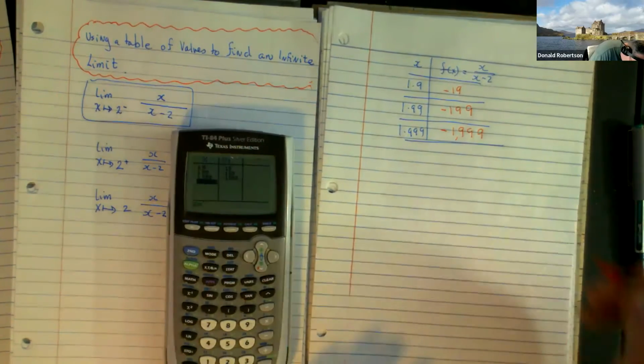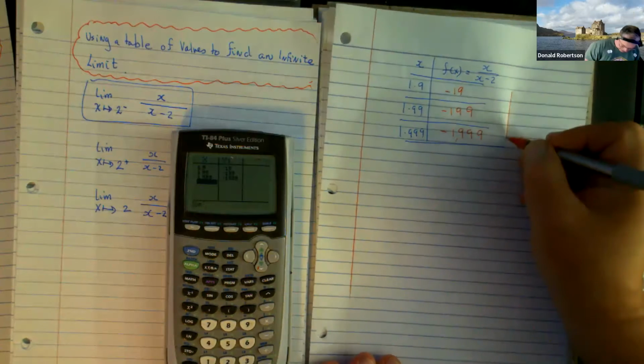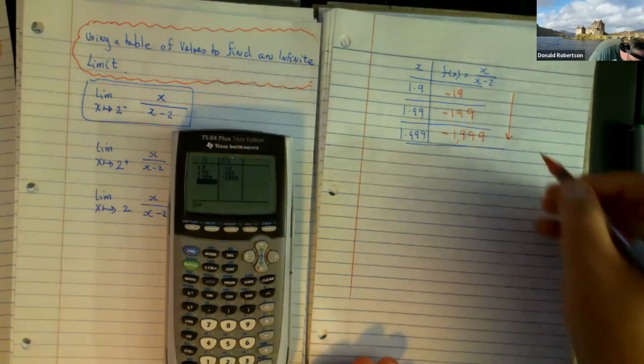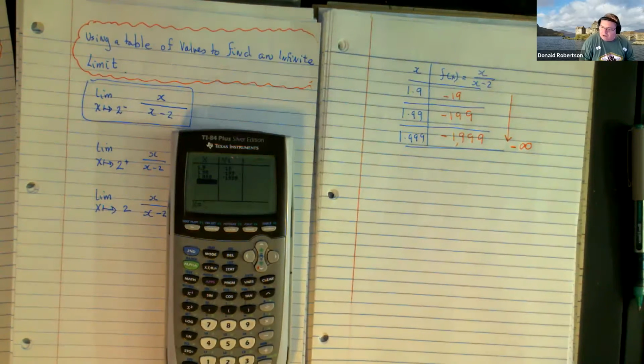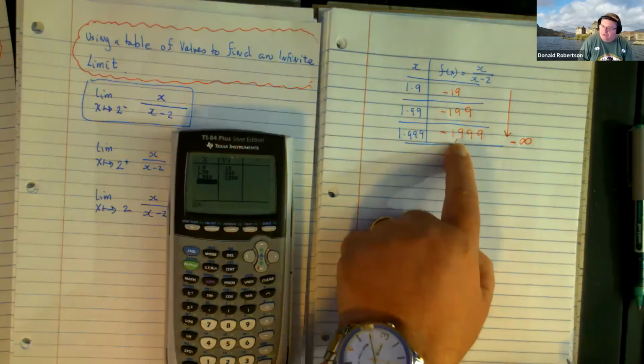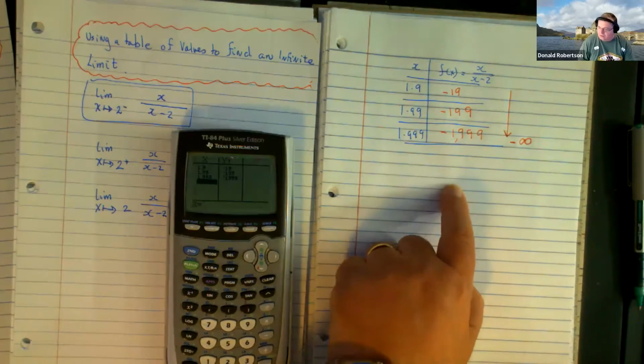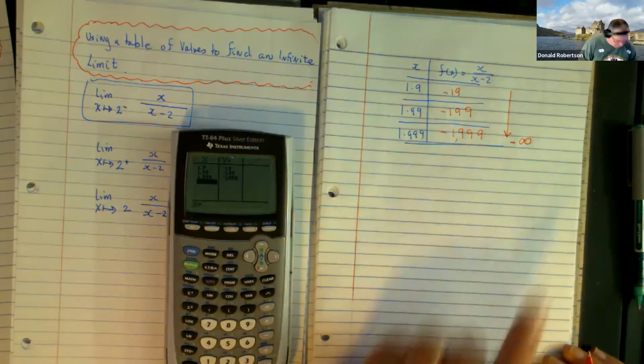And then you look for essentially a trend. And the trend here, would you agree, is that it's getting extremely large and negative, right? The next one would be maybe negative 19,999 and negative 19 million and so on, right? As you get closer and closer to 2, won't this answer just get bigger and bigger and bigger as far as negatives go? So we would be able to then say that.